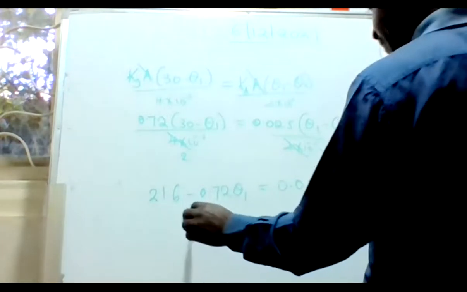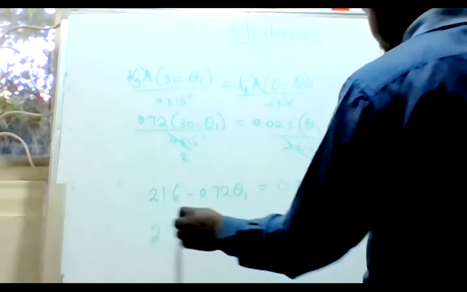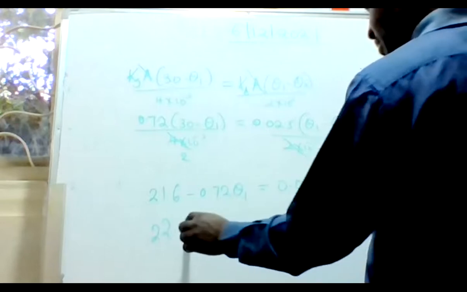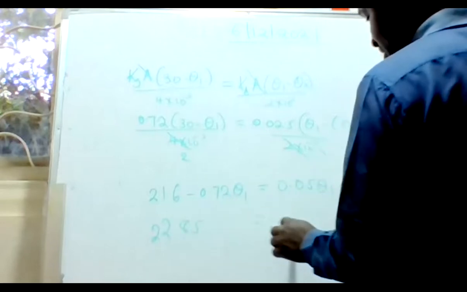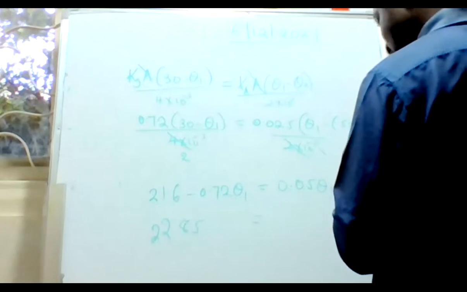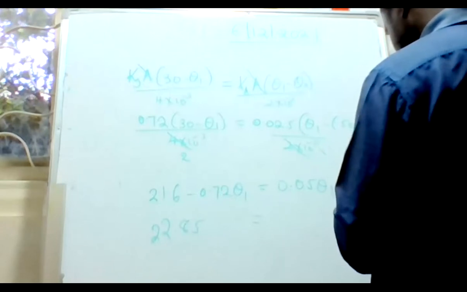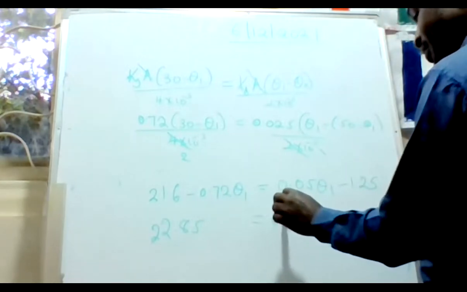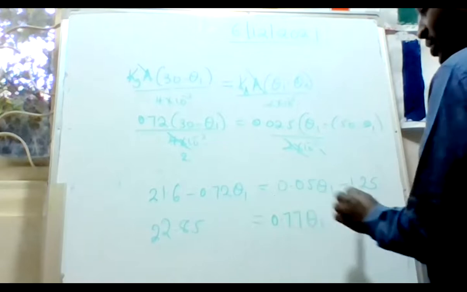So we have 22.85 being equal to 0.05 plus 0.72, which is 0.77 theta 1.